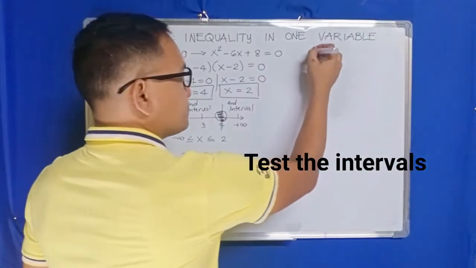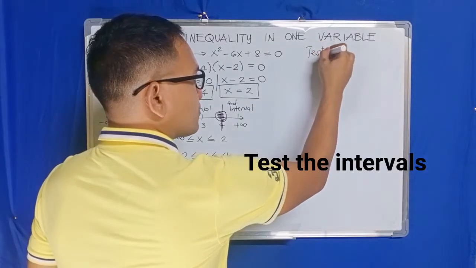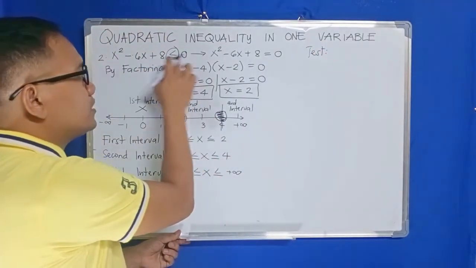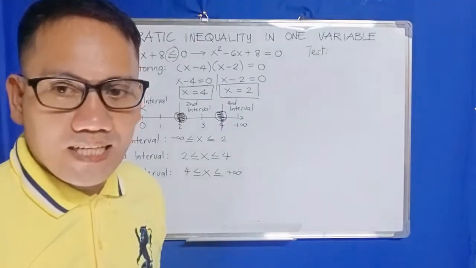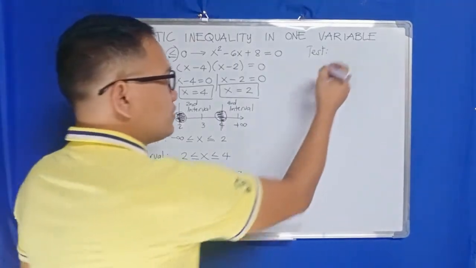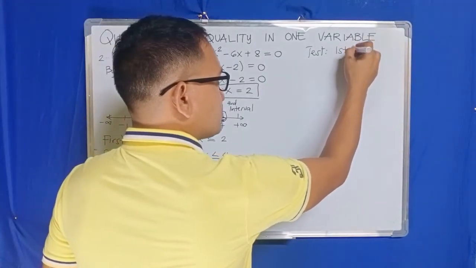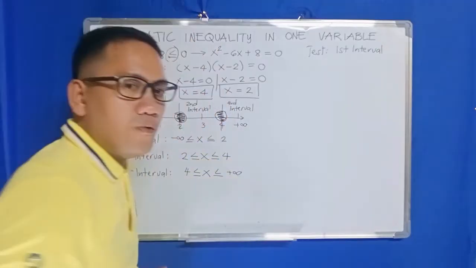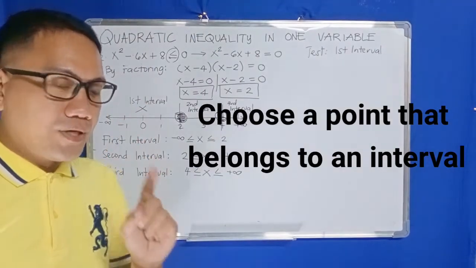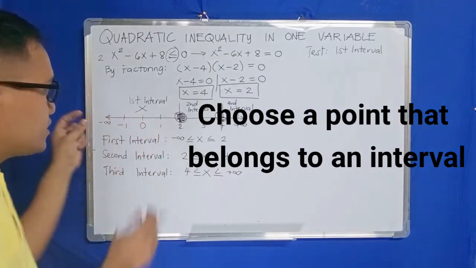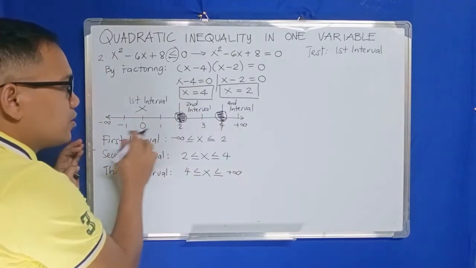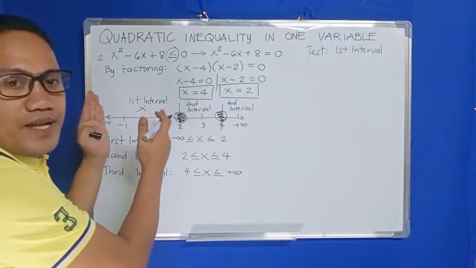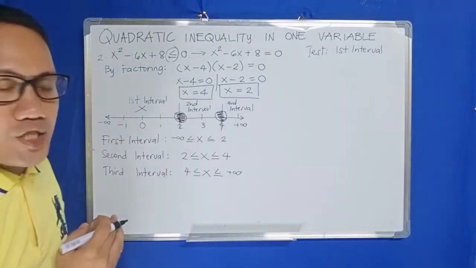So in testing, again, we will utilize our given quadratic inequality. So to test our first interval, we will choose one number that is present in our first interval. So if this would be our first interval, we will utilize any number that can be present in this region.